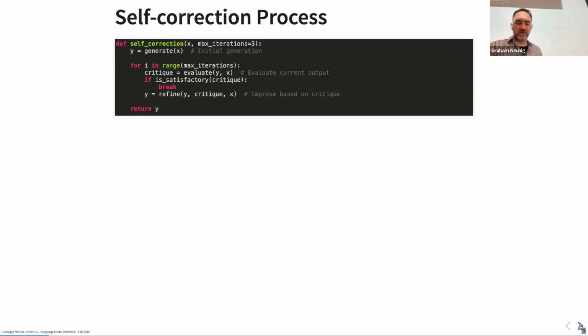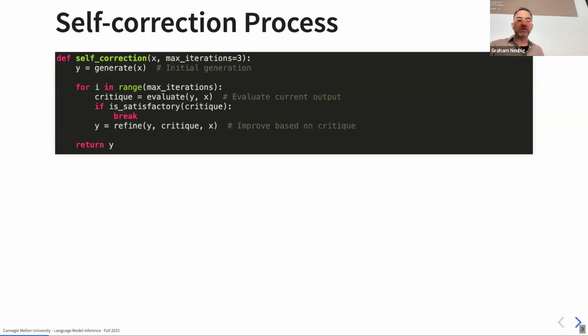And in general, with some nuances, the self-correction process looks a little bit like this. So it's basically you have a self-correction loop, and you have a certain number of maximum iterations, and you have a stopping criterion, and you generate your initial generation. You step over the maximum number of iterations, and you'll usually have a hard stop here so that you don't do this forever.